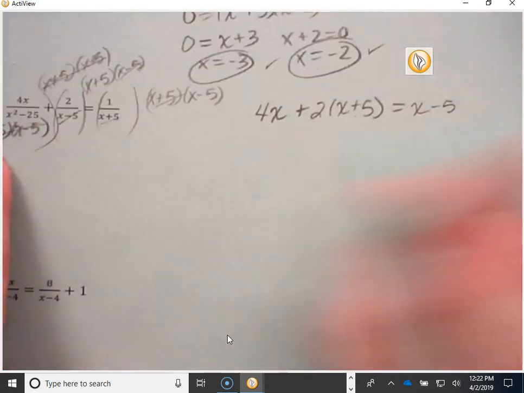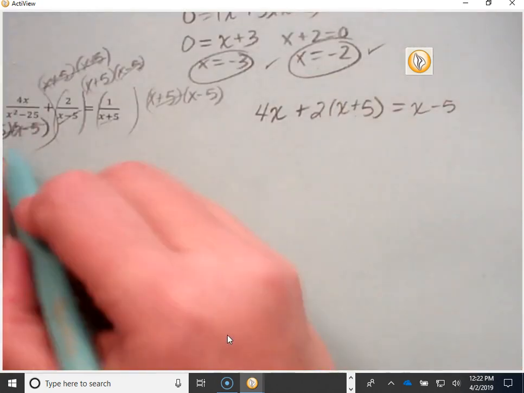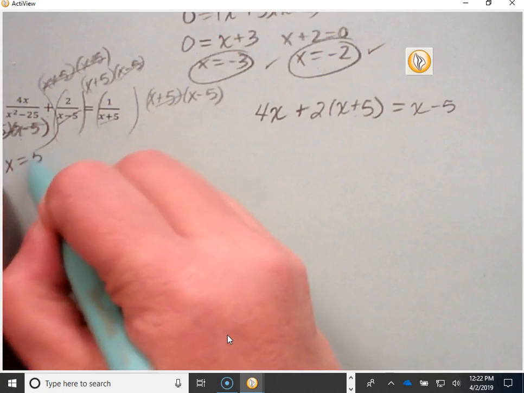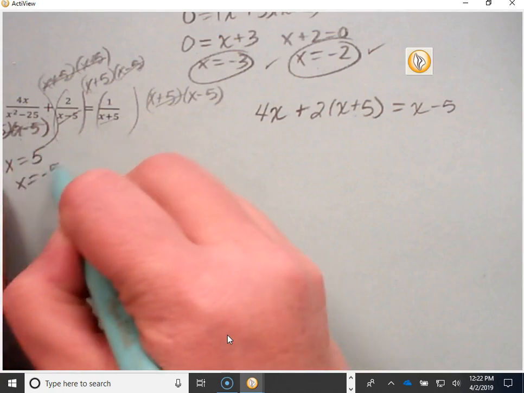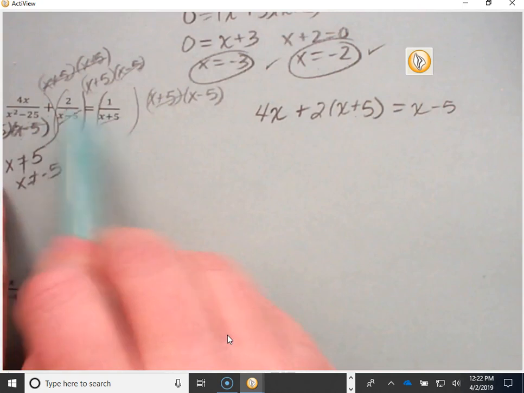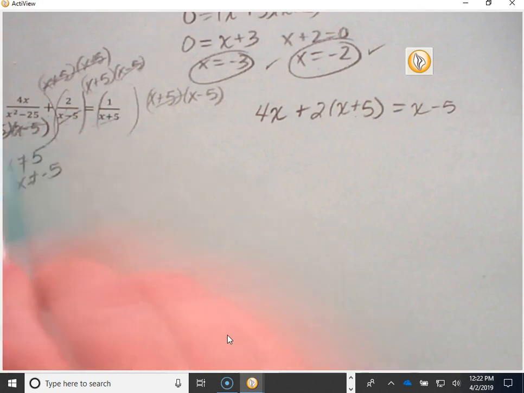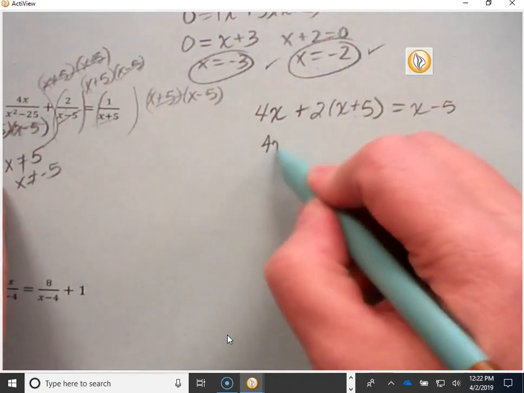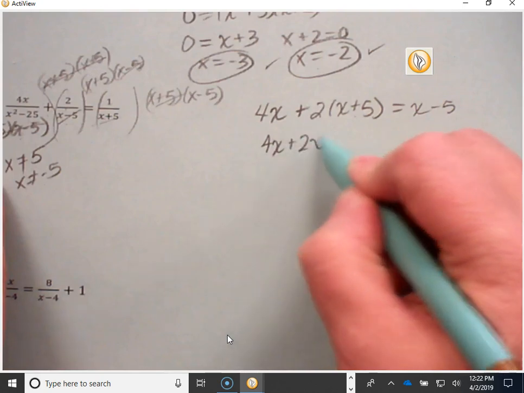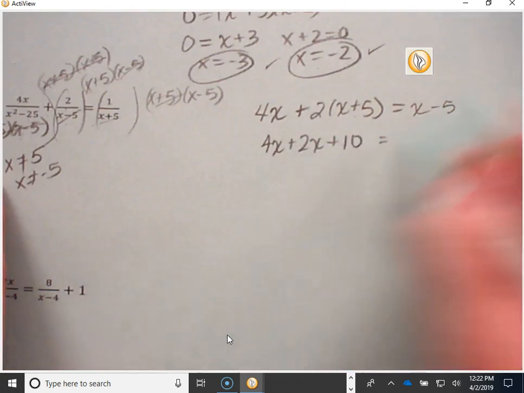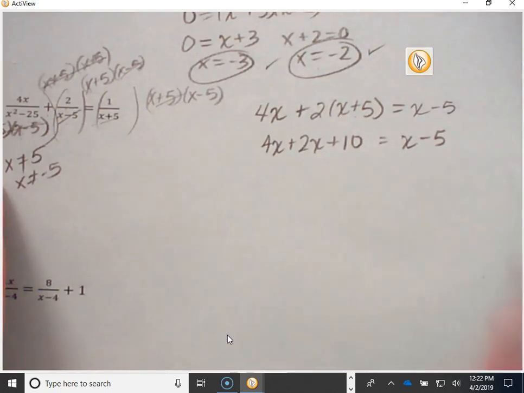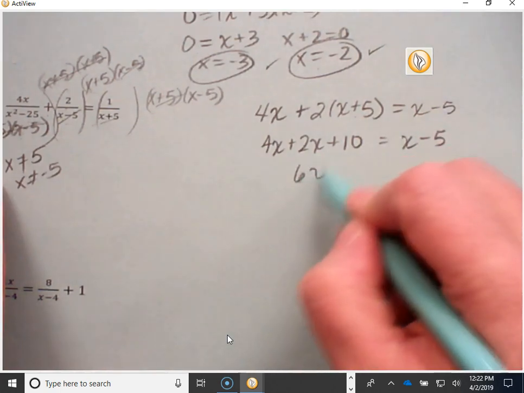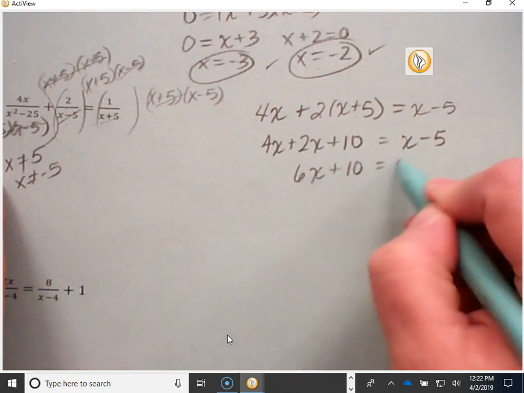And then you solve that equation. Now beware, because we already know that x can't be 5, and x can't be negative 5, because then our denominators would be 0. So when I solve this, 4x plus 2x plus 10 equals x minus 5. So that's 6x plus 10 equals x minus 5.